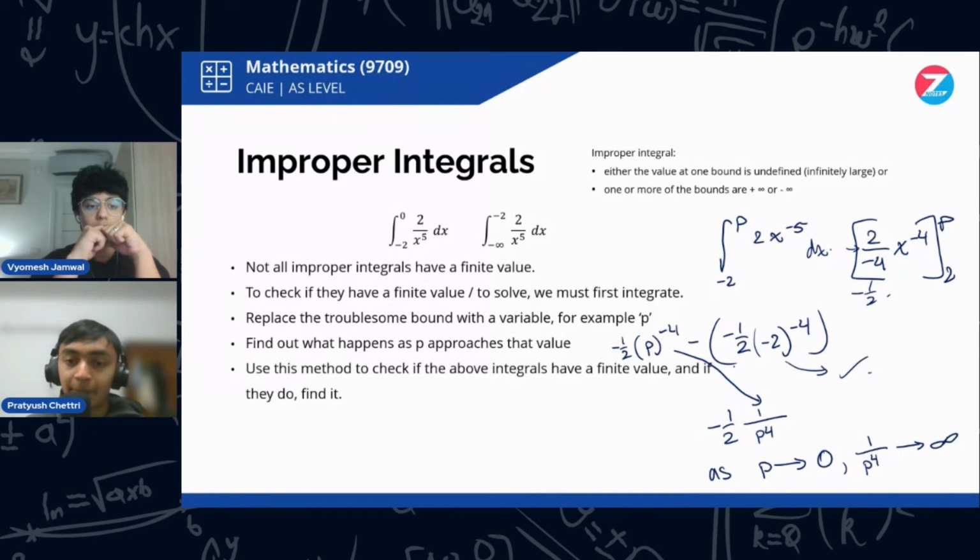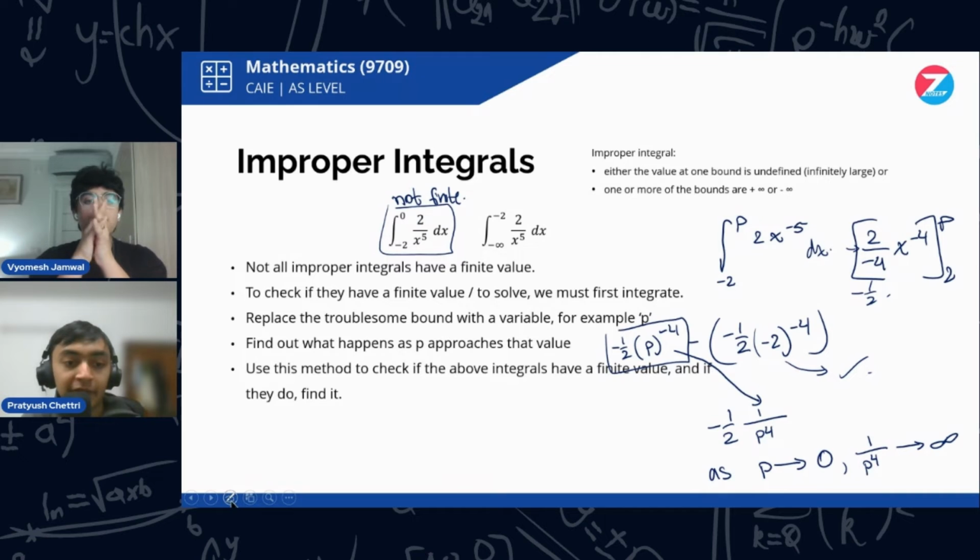So if this bit is infinity, then the integral itself cannot have a defined value. So this is not finite. That's how we formally write it.